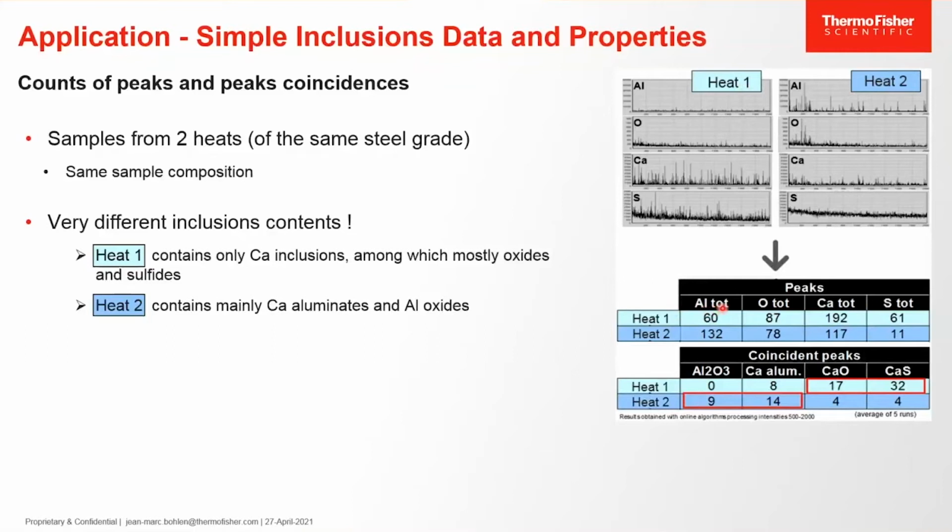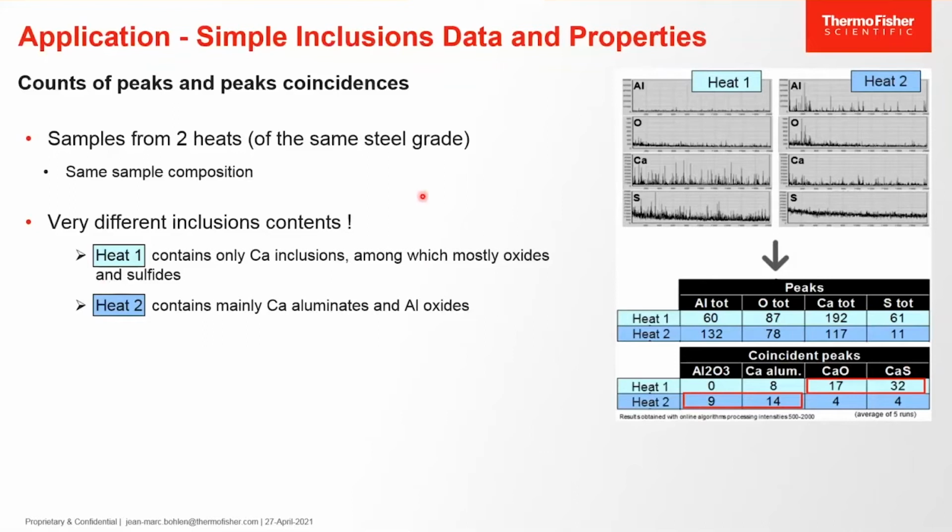aluminum total number of peaks, oxygen, calcium, sulfur peaks, and some coincident peaks corresponding to aluminum oxide, calcium aluminate, calcium oxide, and sulfide, we very quickly realized that the inclusion content is very different in the two samples.